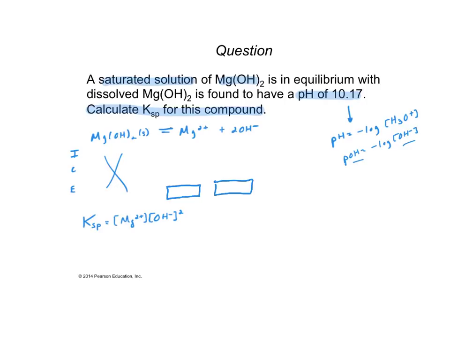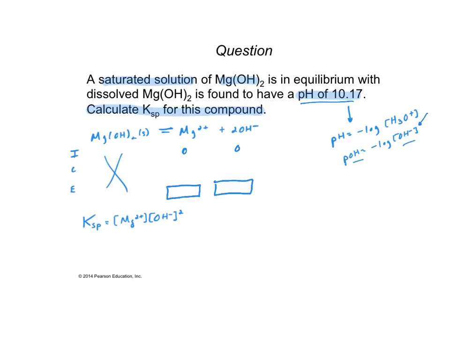One thing that we can already note, there is no common ion, there is nothing in solution initially. So initially we have 0 and 0. And then when we put this into solution, it makes a solution with a pH of 10.17. So what pH is going to tell us here, and this is what I tried to hint at, is the concentration of hydroxide ion.